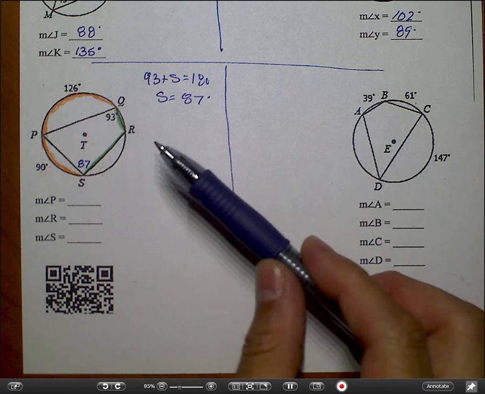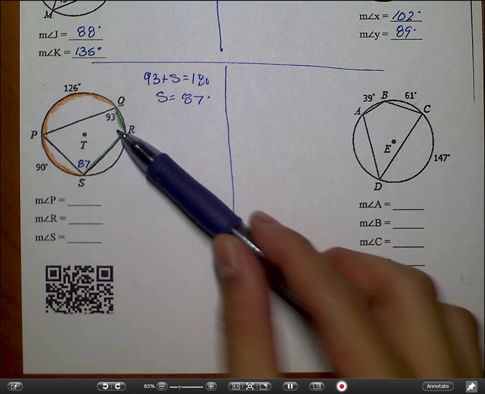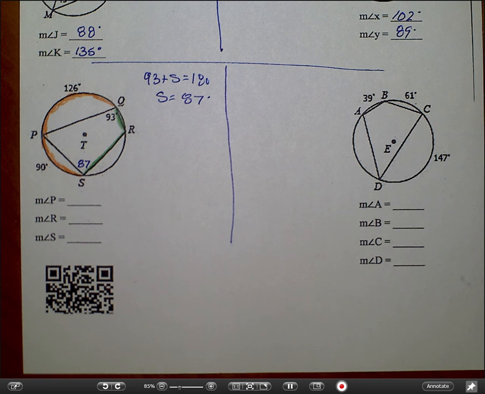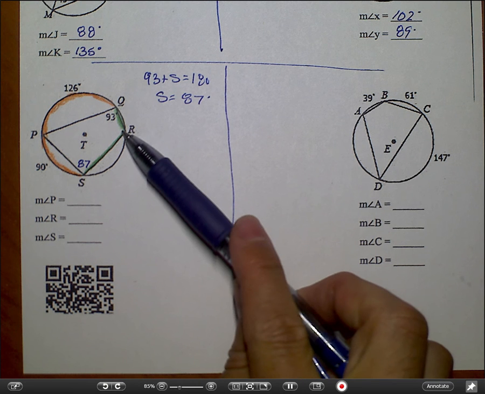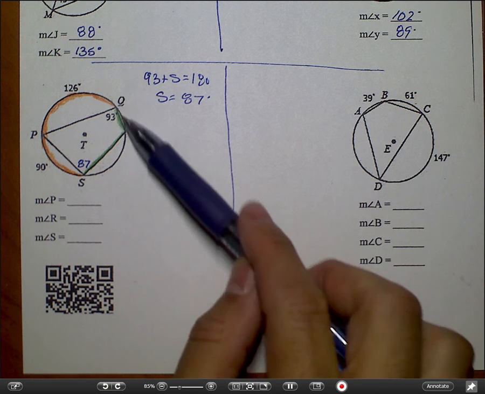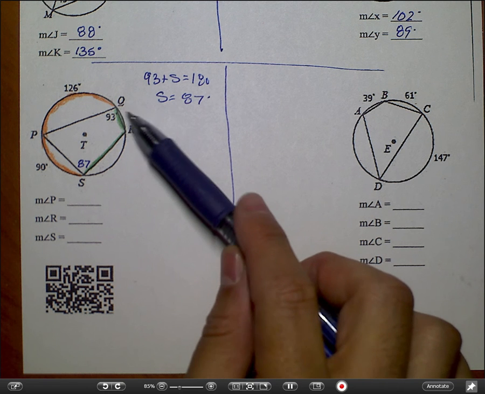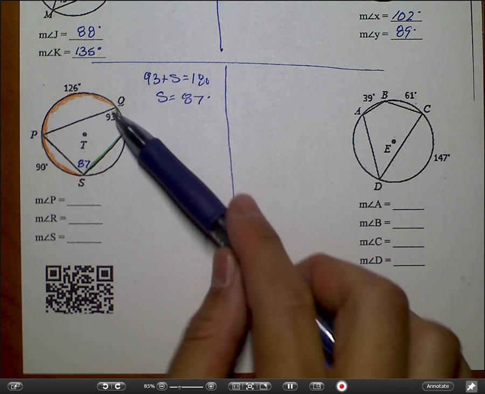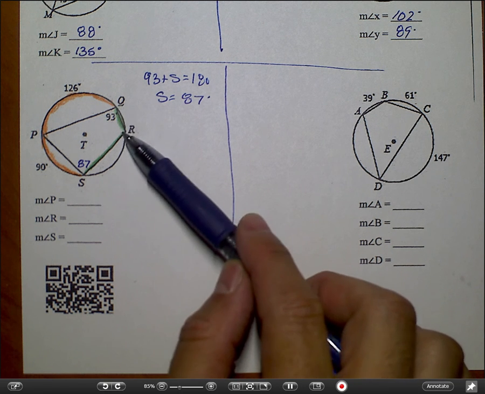So angle R is going to be what type of angle? I believe we did this on Thursday. It was last week. It's inscribed.